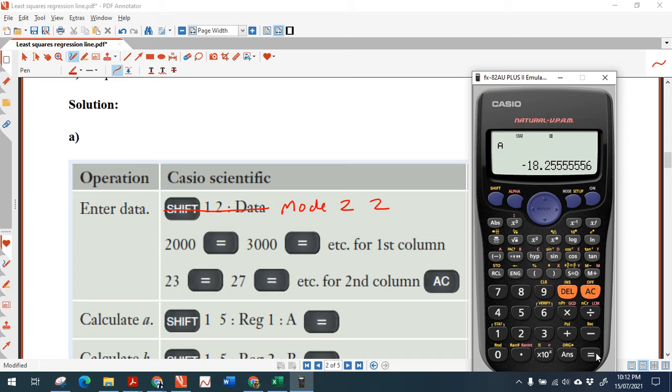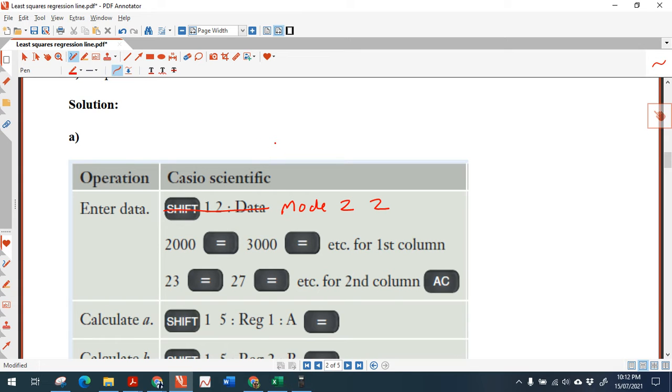So A is negative 18.26. Let's get that back.